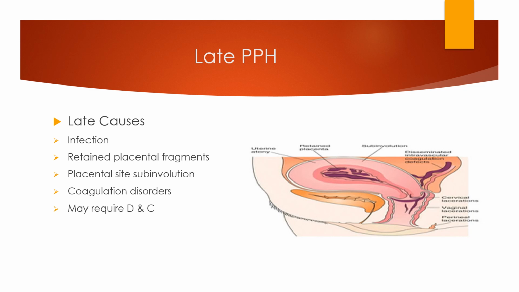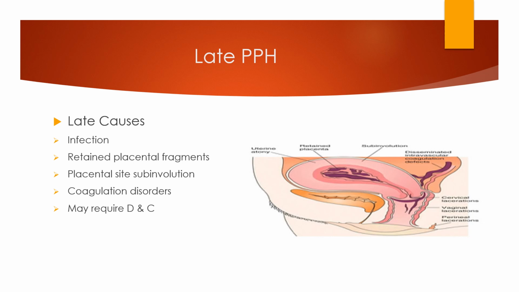Late postpartum hemorrhage causes are infection, retained placental fragments, placental site subinvolution, coagulation disorders, and they may require a D&C, also known as a dilation and curettage. This is where we go in, put the patient under general anesthesia, and scrape out the uterus with a curette.